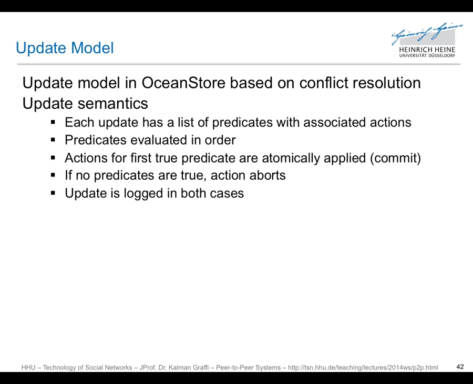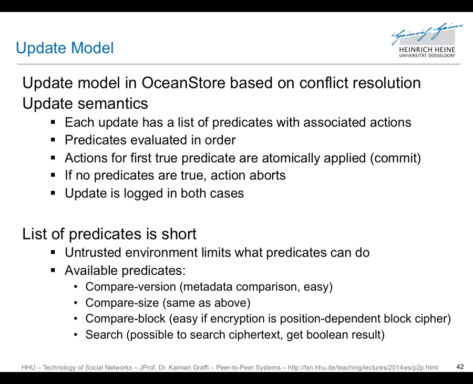So it has first a list of predicates. That means the requirements, what is needed for an update to take place. The predicates are something short, something you can check before making the change.